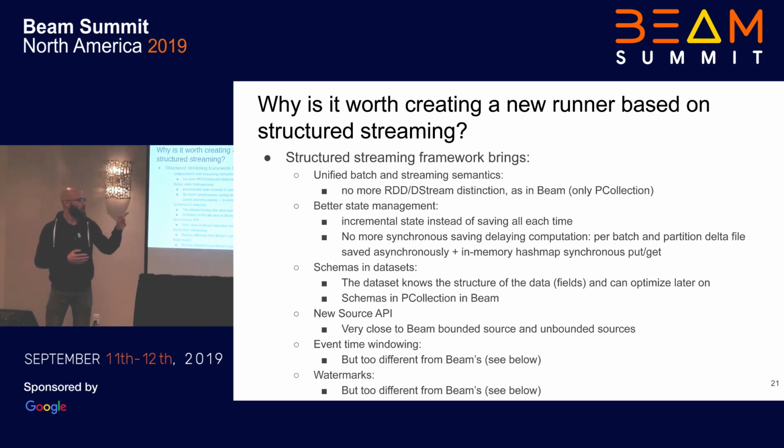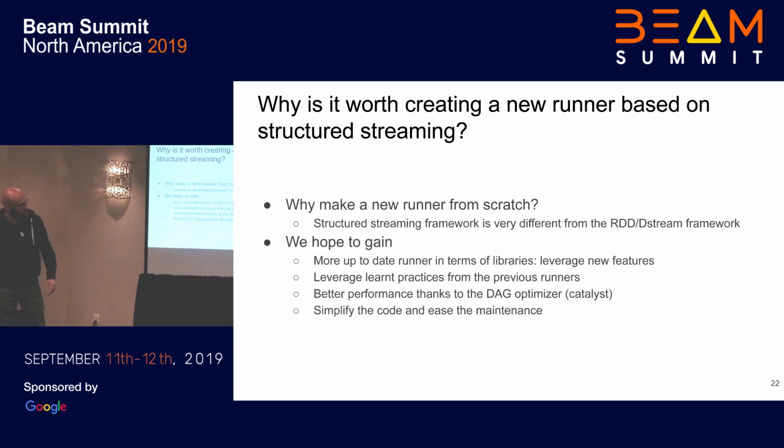Also, as we have also schemas in PCollections in Beam, then we could leverage the Spark schemas. They have also a good new source API that is very close to Beam. Close to the bounded and unbounded sources of Beam. And also they have event time windowing and watermarks, but as I said, they are quite different from the Beam vision, so I will focus on it later on.